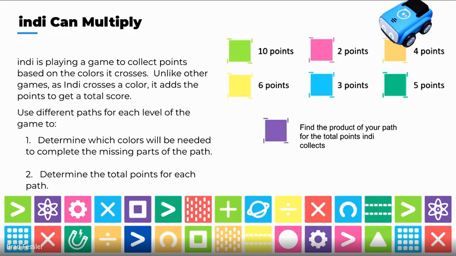In this particular lesson, Indy is playing a game where it collects points based on the color it crosses. Unlike the other games, as Indy crosses the color, it adds the points to get a total score. So you can do this as addition, or you could multiply them and multiply those out for your total.